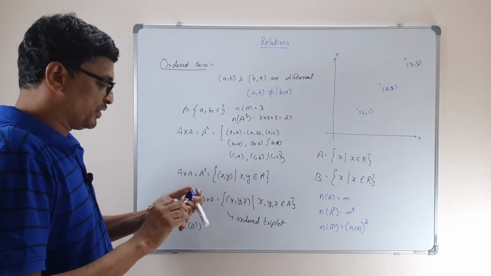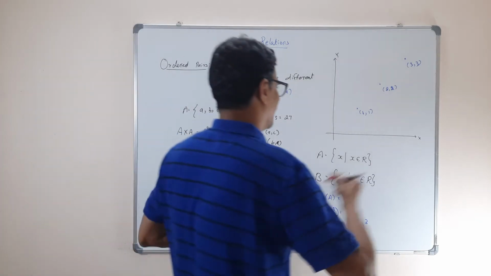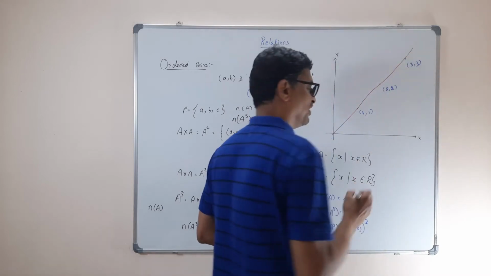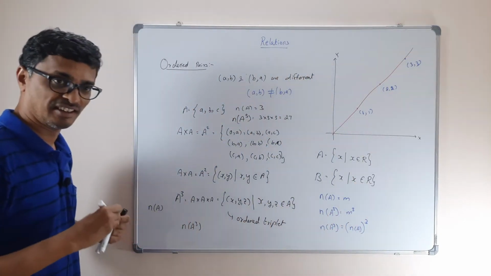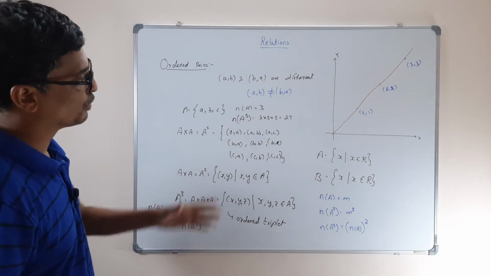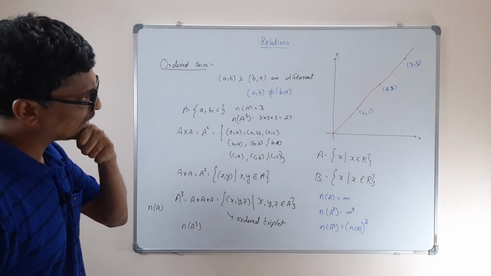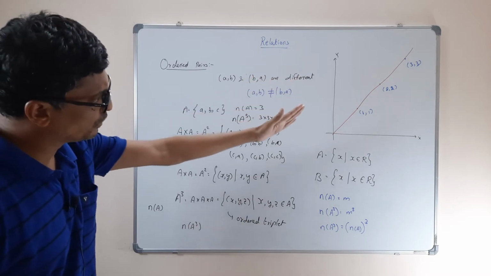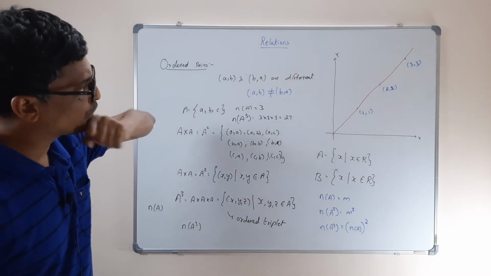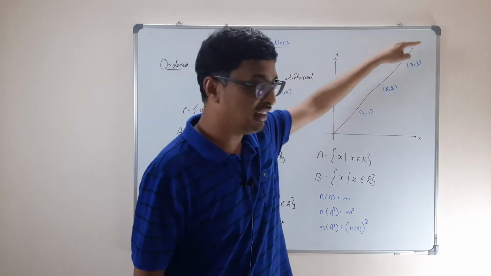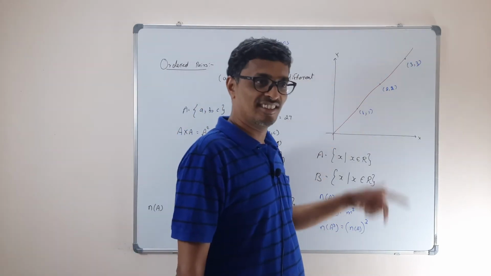A equal to B, which is nothing but a straight line passing through the origin, with a slope of 45 degrees. So all the ordered pairs falling on the line are related.